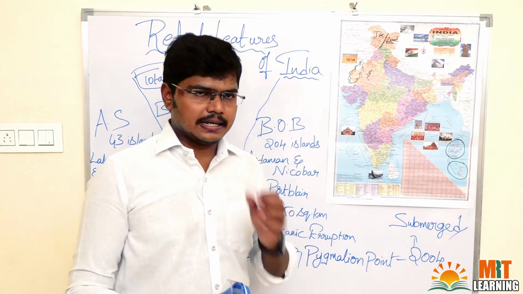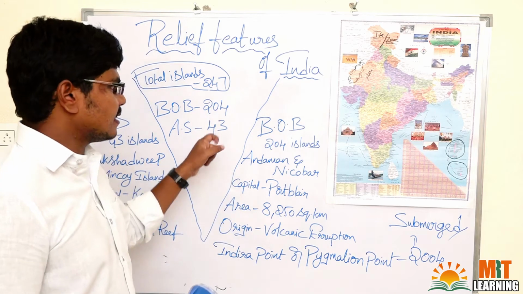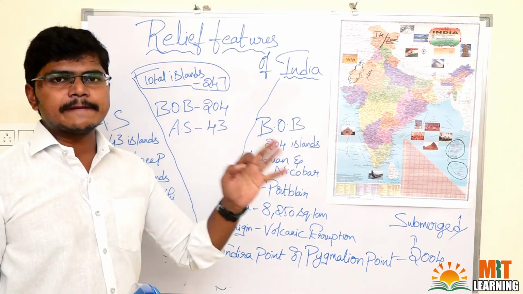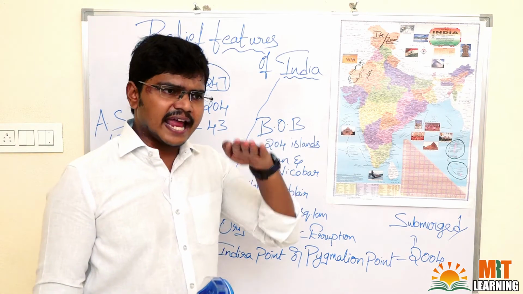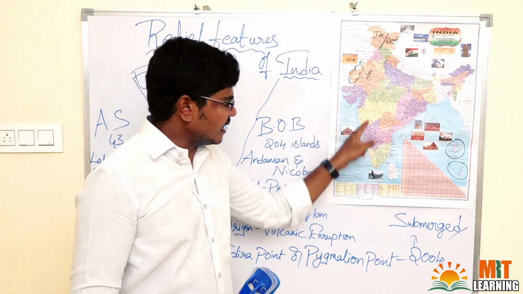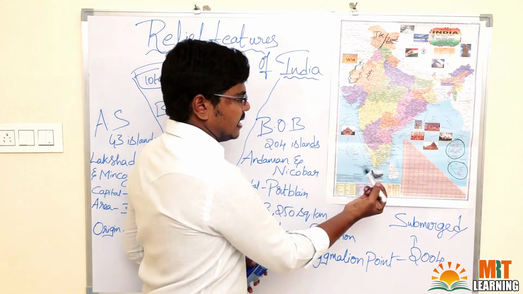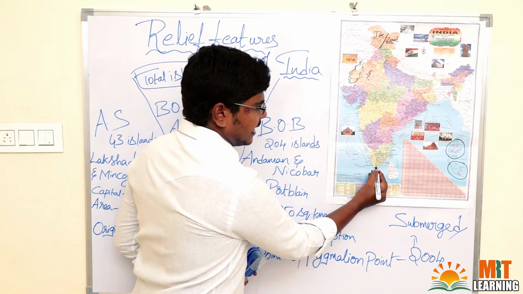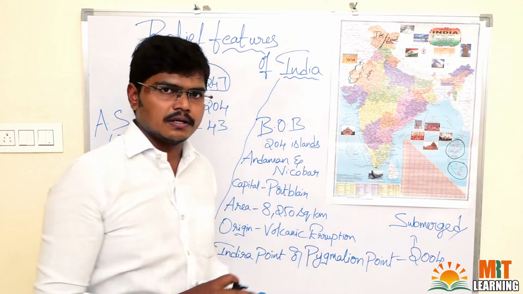And another very important point I have to tell is, what is the southernmost tip point of India? Southernmost tip point of India means the end point of India. For the mainland, if we consider it as a mainland, the southern end of the mainland is Kanyakumari.